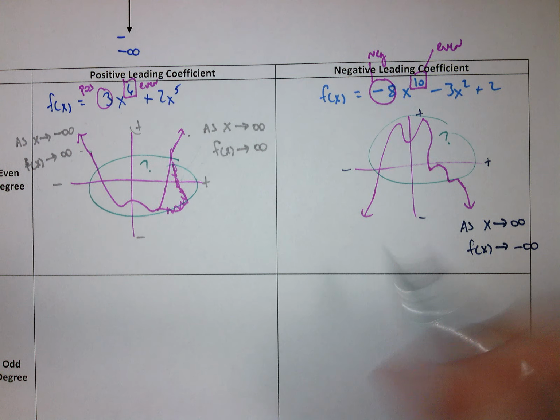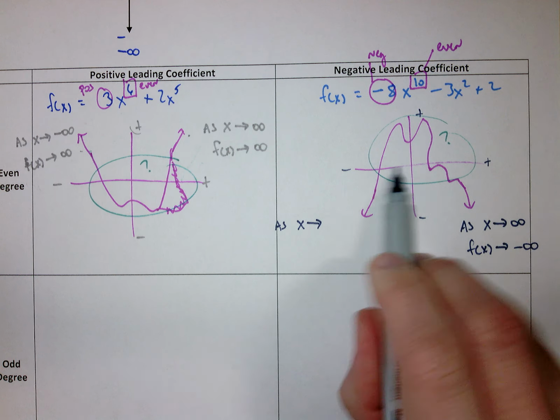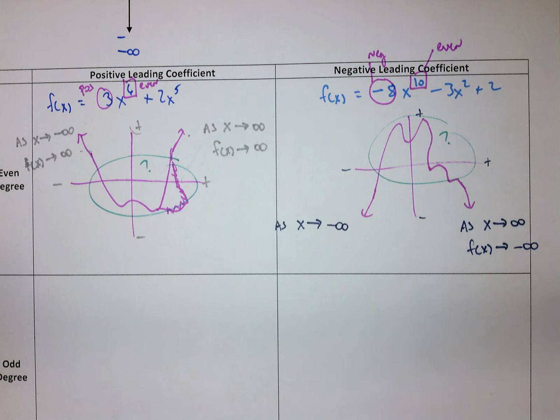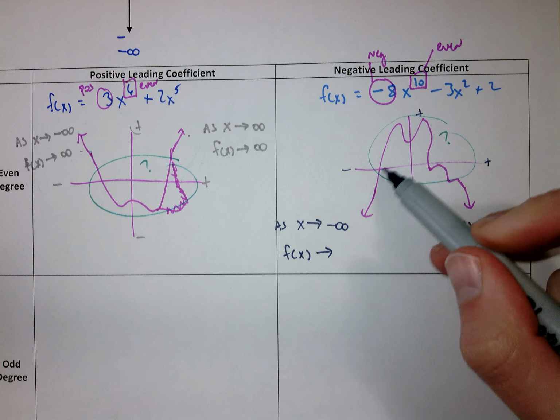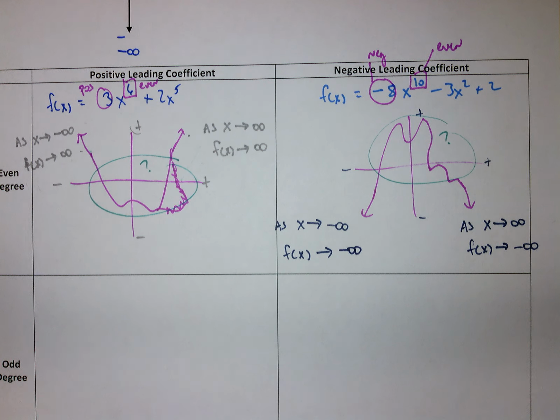And on this side, as x is approaching negative infinity, going towards the negative side of the x-axis, f of x is coming down towards the negative side of the y-axis, so negative infinity. And there we go.